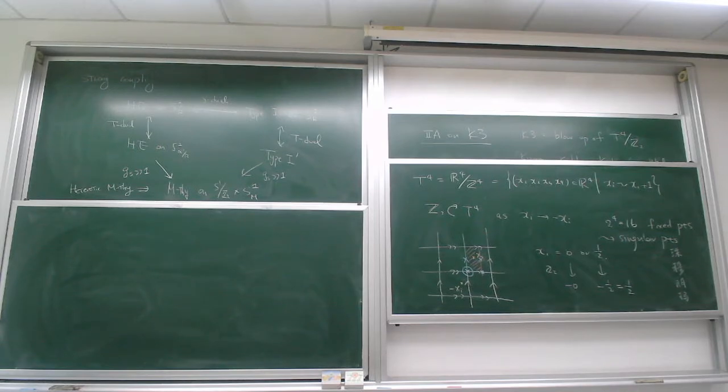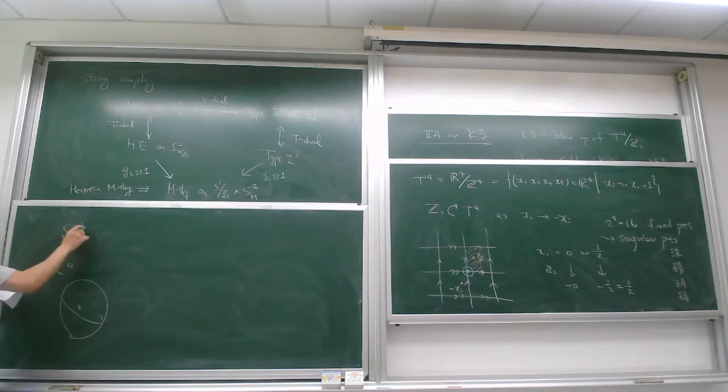You just only look at the blue circle inside the T4. It's the very same thing. If you look at R4 and there's a point and just look at the neighborhood, what's this object?